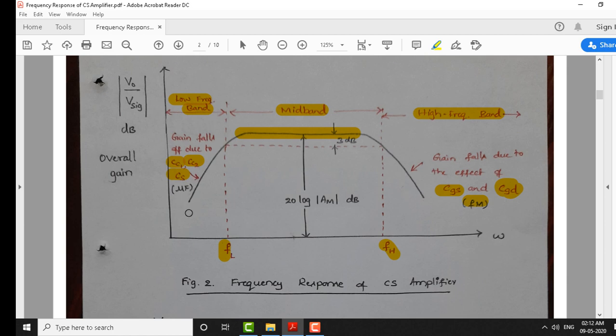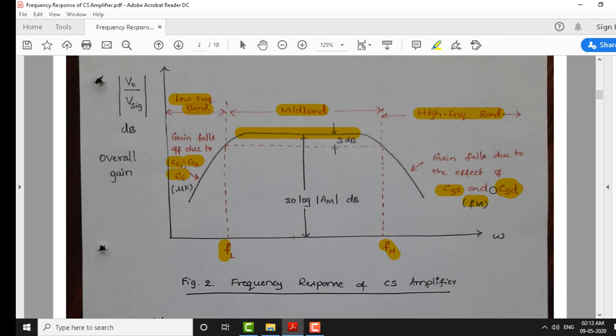In fact, at higher frequencies, all 3 capacitances would act like a short circuit. We expect the coupling capacitors and bypass capacitor to behave like a short circuit, and the gate to source and gate to drain capacitances to behave like an open circuit.